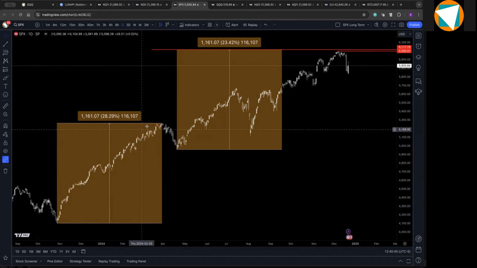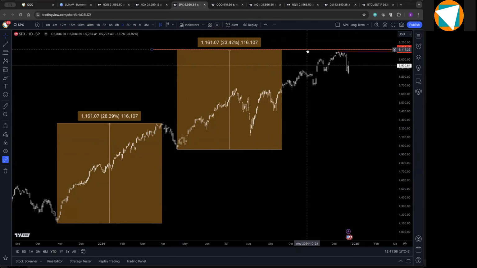So here's the AB, 1161 points. That's an interesting number because it's close to a Fib number. And then I took this exact same range and anchored it to this April 2024 low. And of course, it's the same range.